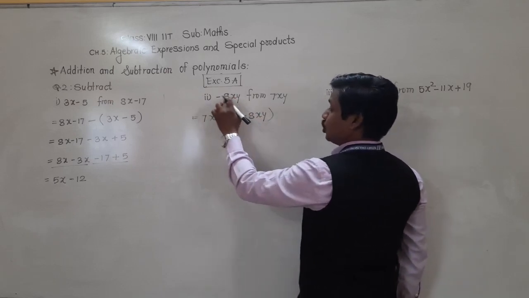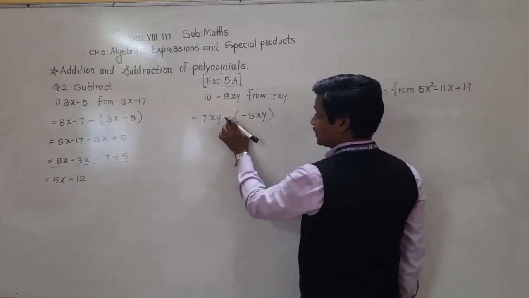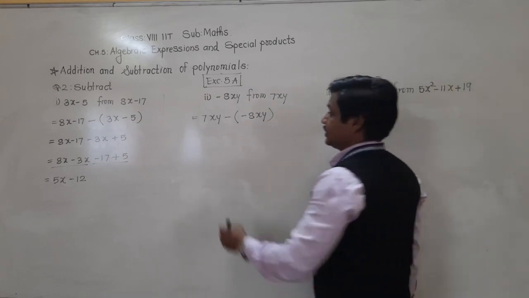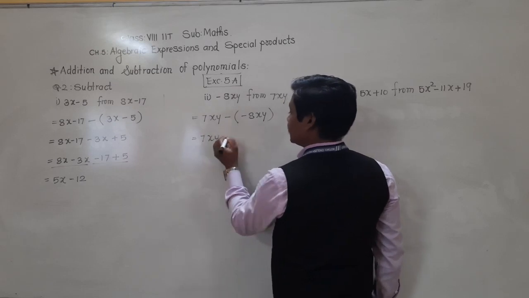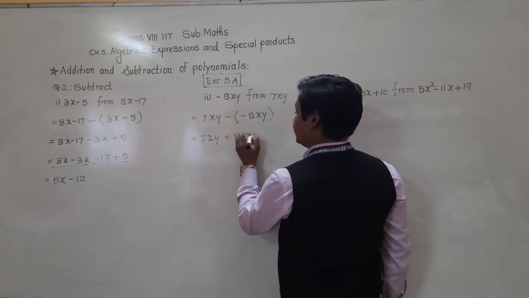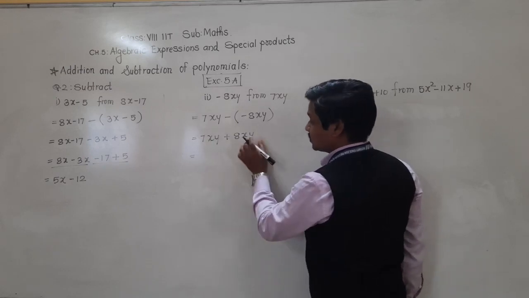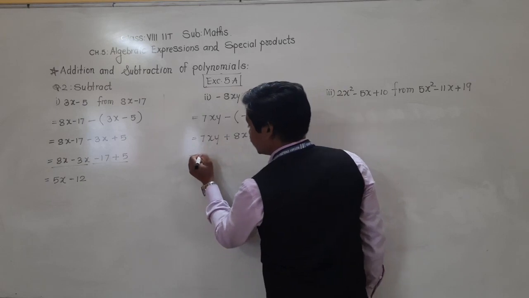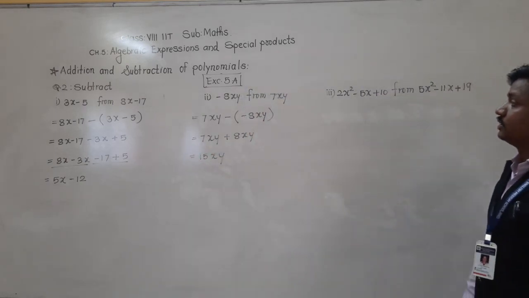This minus sign belongs to this term, so keep it with this term, and this minus sign belongs to the given instruction, subtract. So 7xy minus minus plus 8xy. Both are like terms with the same literal coefficient xy, so their numerical coefficients will get added. 7 plus 8, 15xy. Understood?